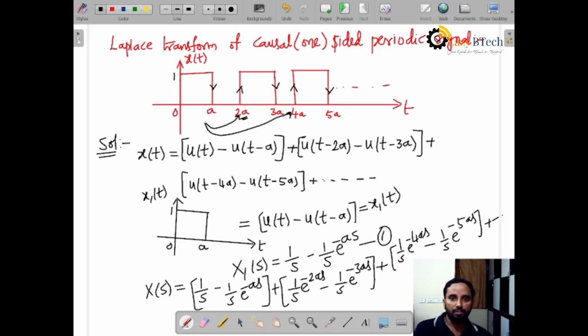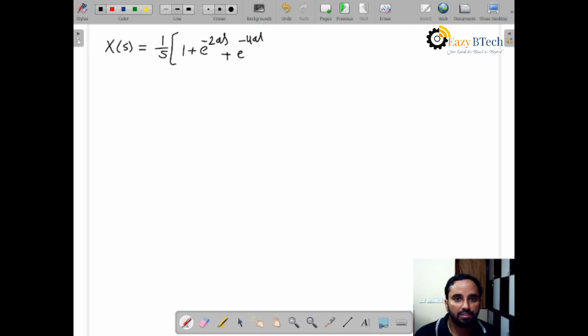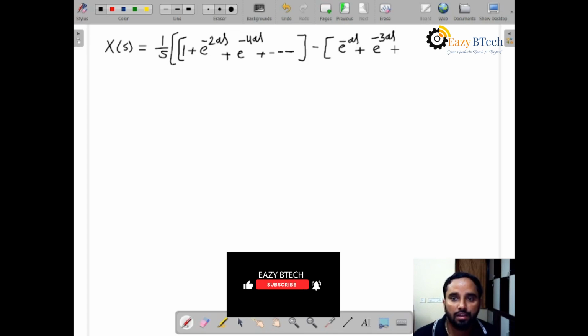So what I am doing is just mathematical simplification. 1 by s is common in all terms. Then we get 1 plus e power minus 2as plus e to the power minus 4as, and so on, all positive terms, minus e power minus as plus e power minus 3as, and so on.